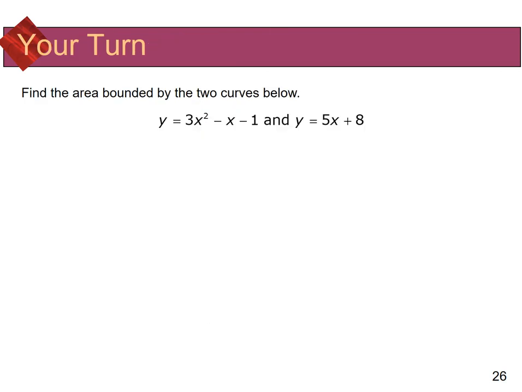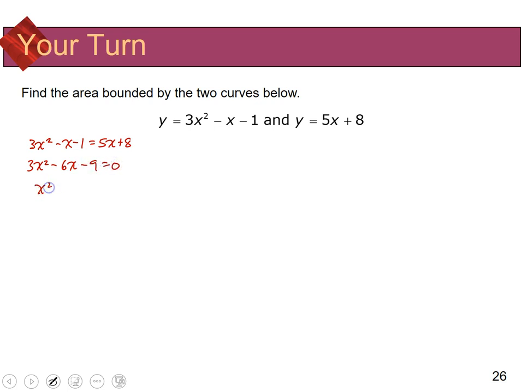So let's see if you could do this. Find the area bounded by these two curves. So I need to get an idea what this thing looks like. I want to find the intersection points between these two, so I'm going to set 3x squared minus x minus 1 equal to 5x plus 8. Subtract 5x from both sides and 8.